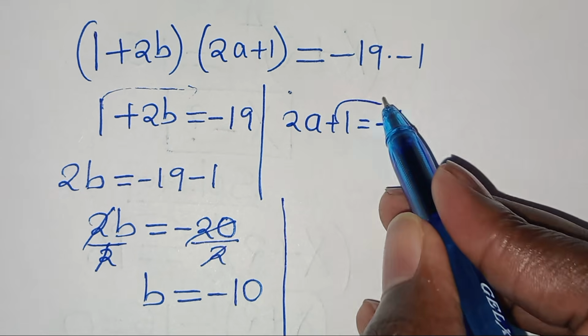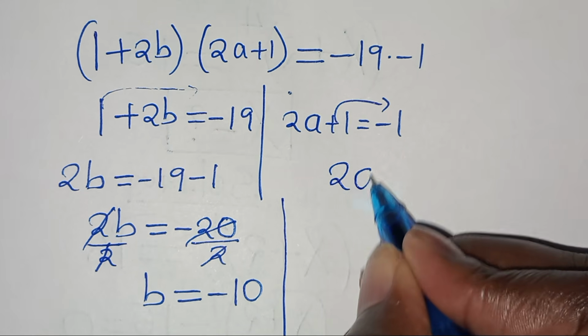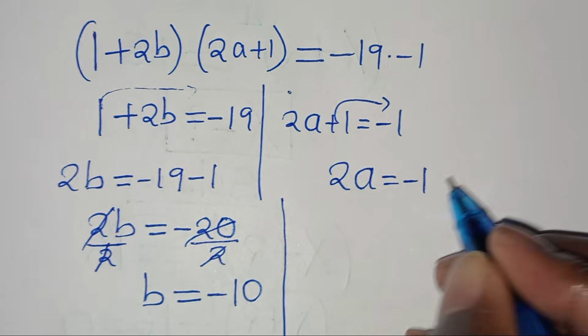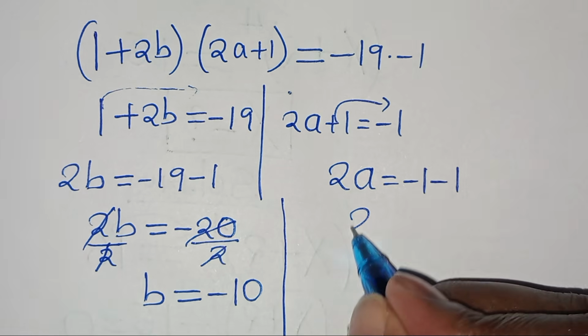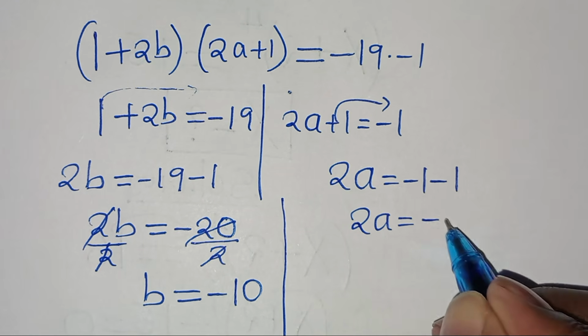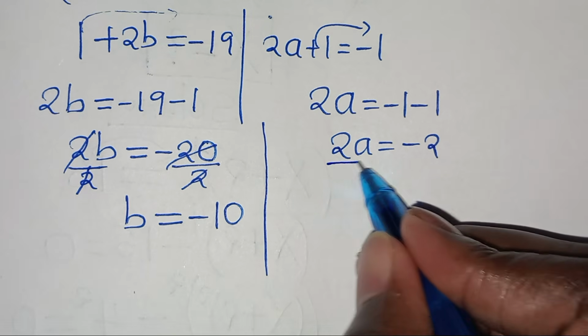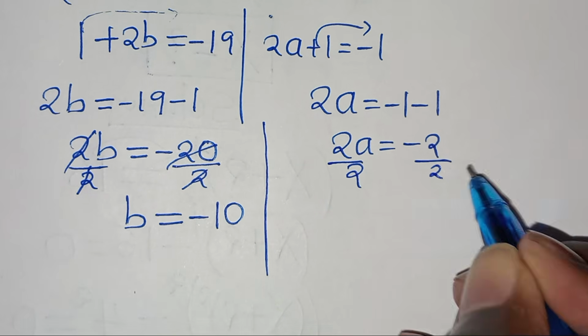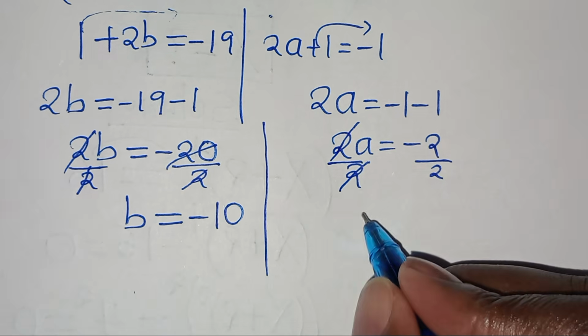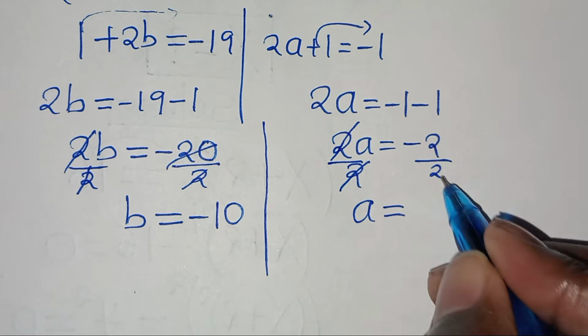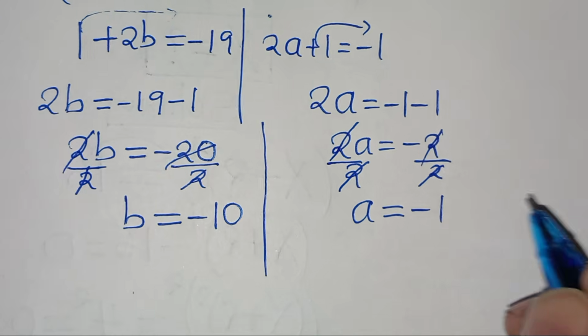Now, if we check on this side, we have 2a plus 1. Let's take plus 1 on the right hand side, so 2a is equal to minus 1 minus 1, which means 2a is equal to minus 2. So let's divide both sides by 2, and we have that a is equal to minus 1.